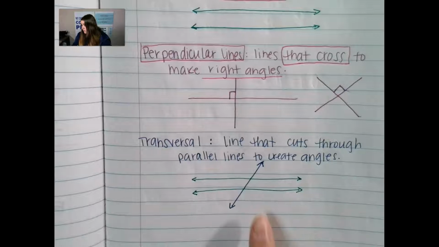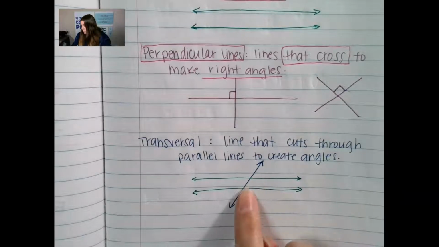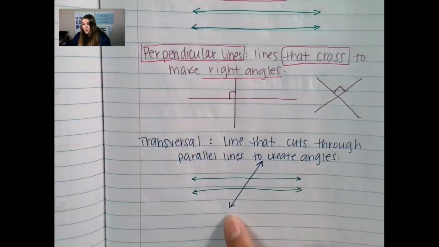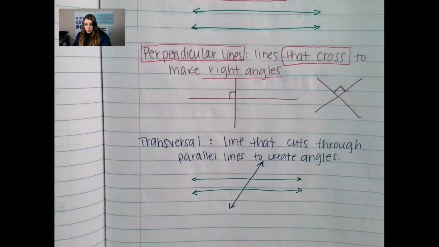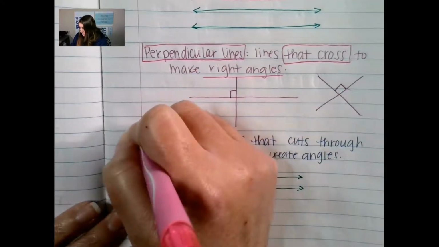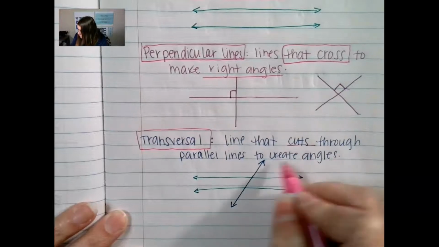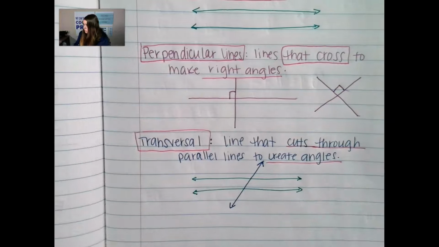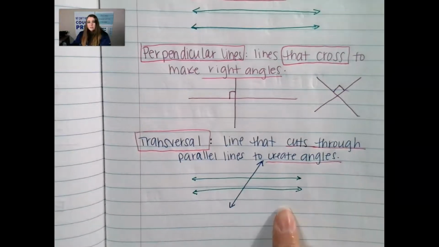So these angles that have formed right here are created from this cut that has happened from a transversal. So the transversal cuts through to create angles. Okay, so it cuts through to create the angles.